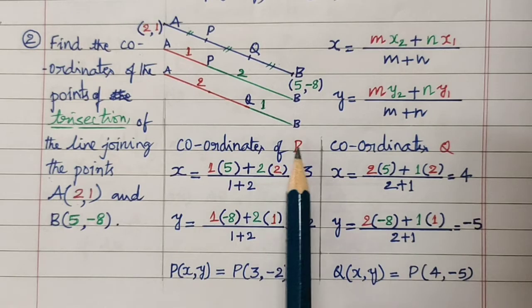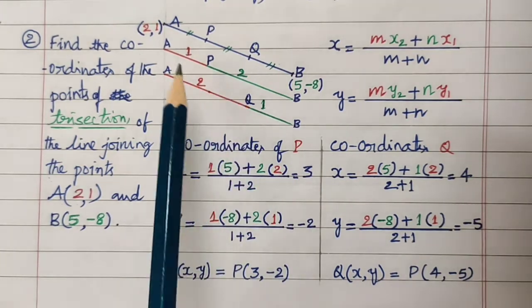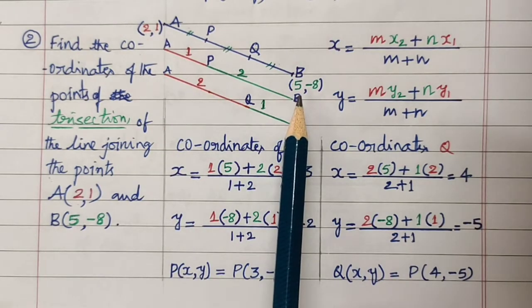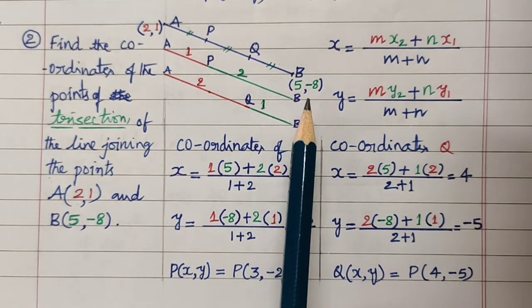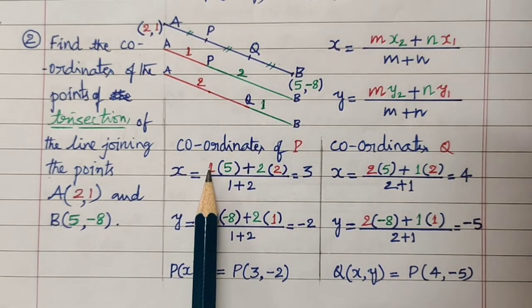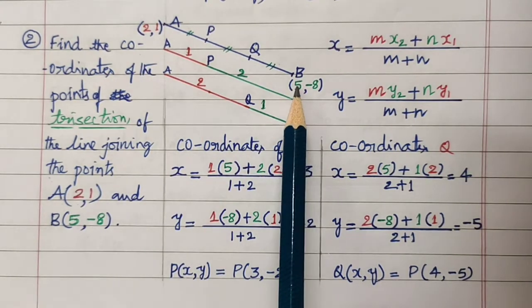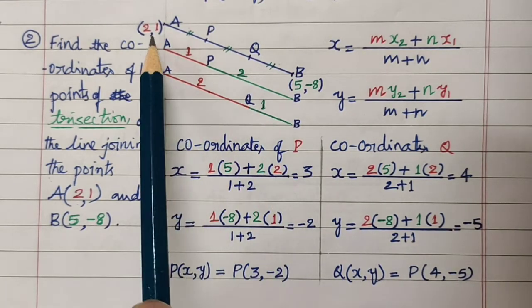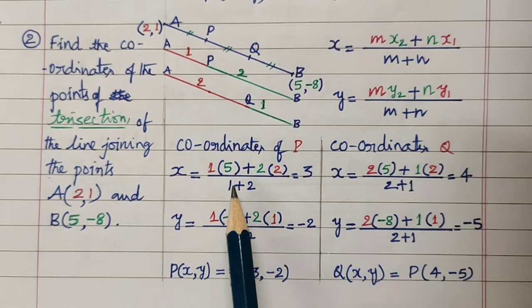Coordinates of P: x is equal to m into x2 plus n into x1. m is 1, x2 is 5, plus n is 2, x1 is 2, divided by 1 plus 2.